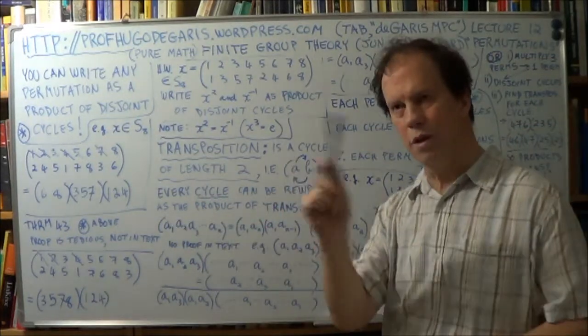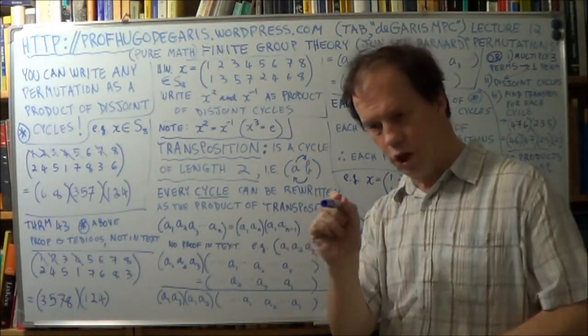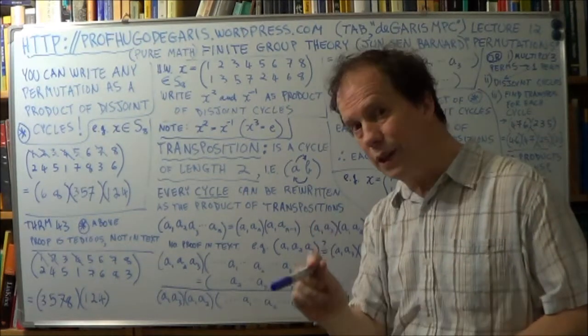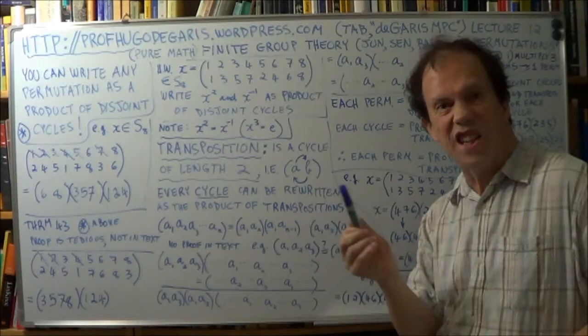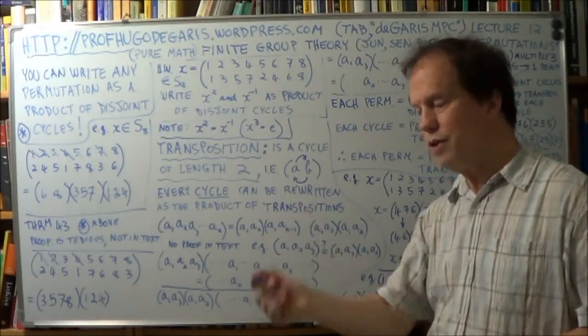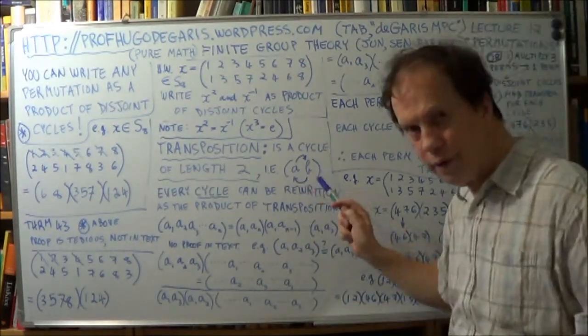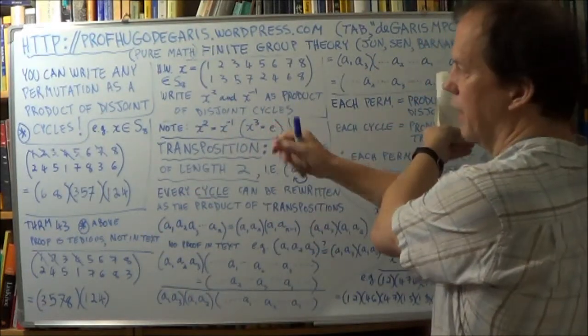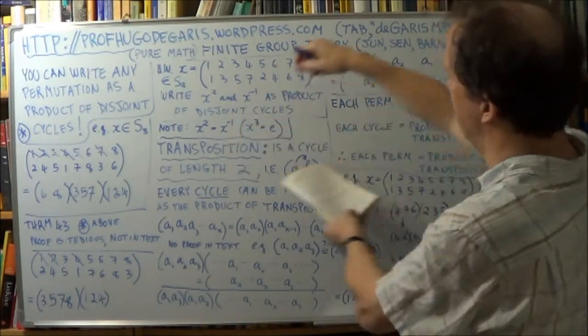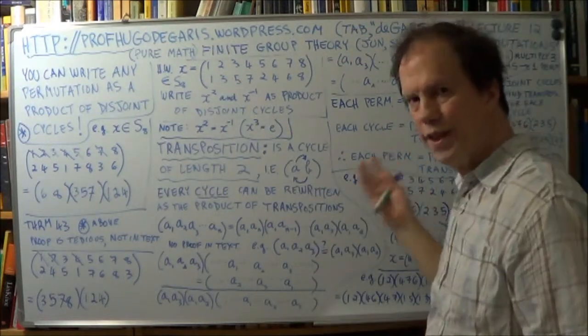Now you can show that that's true algebraically, as I'll do in a moment, or just physically, in common sense. I mean, what is a transposition? It's just a swapper, right? So if you swap A and B, and then you do it again, swapping the B back to the A, you end up with what you started with.